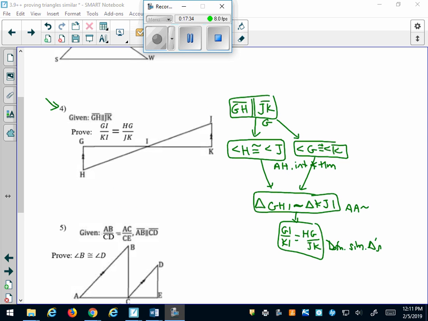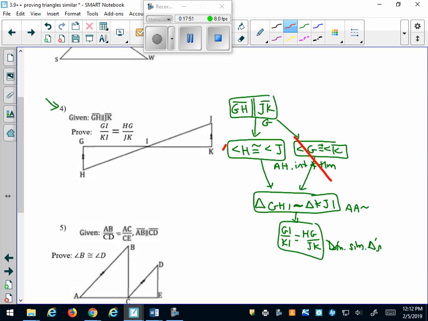Okay, so this is one way you could have done this proof. Did anybody use a different way? Yeah, Andrew? You could have done just one pair of these alternate interior angles and used vertical angles instead. Angle GIH congruent to angle KIJ, vertical angles theorem, and then AA.